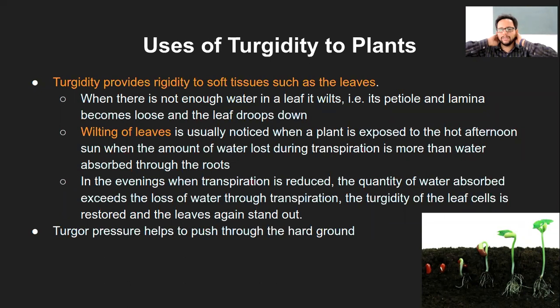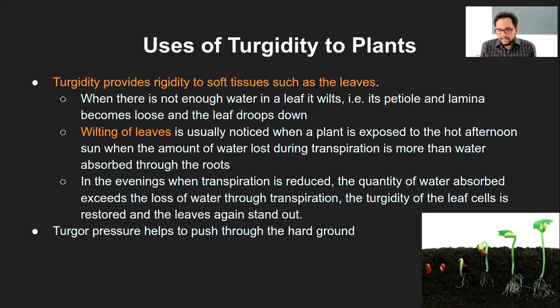So these two things, the petiole and lamina, or in short the whole leaf itself, becomes loose and droops down. Droops down as in, if it is kind of straight or parallel to the ground, it will just keep hanging, so that is drooping down. And this particular phenomenon is called wilting of leaves, and that is because when there is less water, that is no turgidity. So in those cases this wilting is very much observed.